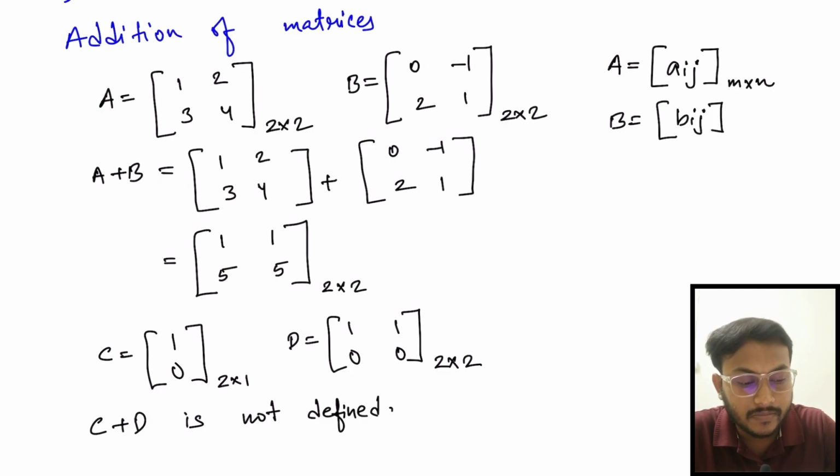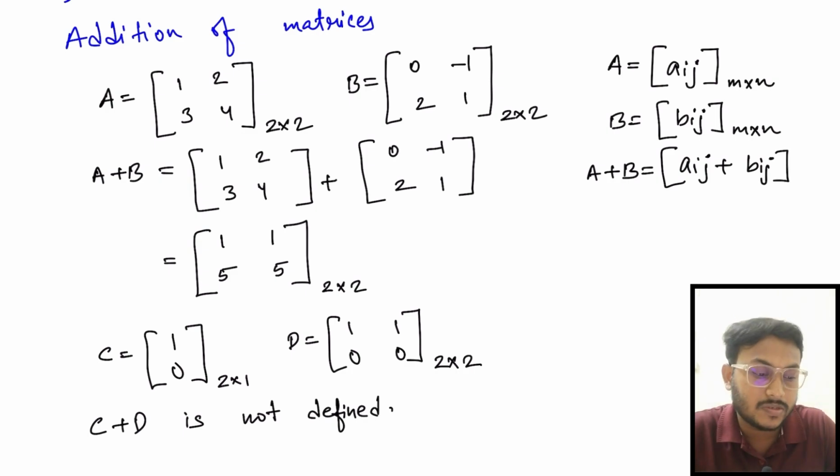Now to add matrix A and B, both should have the same order, so B also should have the order m by n. Now to add A and B, we will just add corresponding elements of matrix A with B, and the order will not change. The order will be the same after addition.